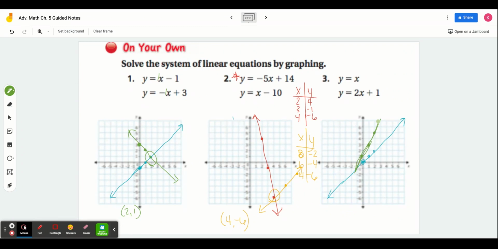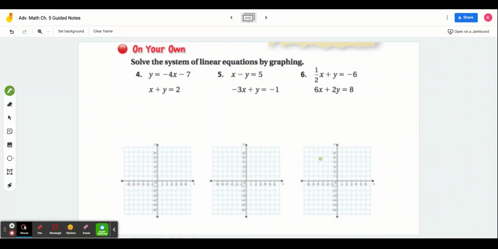Again, a straight line as best as possible. A little hard here without being able to use a straight edge. But here our lines will cross at the point -1, -1.